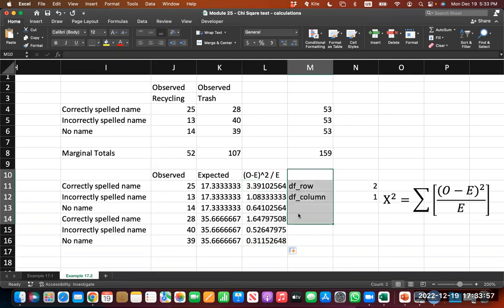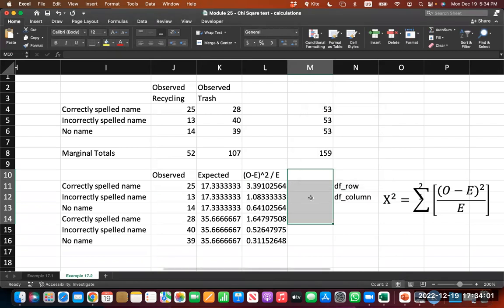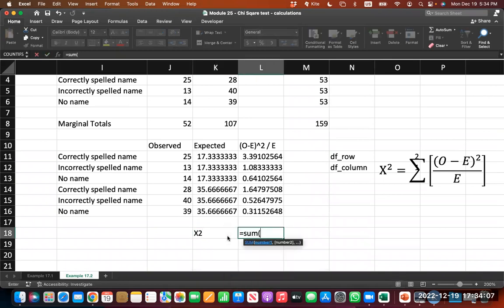It's a considerably simple calculation. All that needs to be done is to sum this up to get your chi-squared. And with 7.6, this is significantly exceeding our critical value.